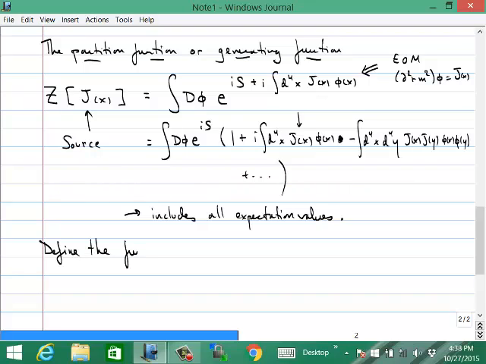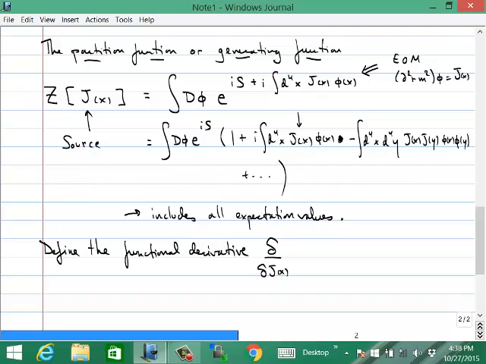The only slightly subtle thing is that J is itself a function. So when I say take the derivative, I really mean take a functional derivative. We can define the functional derivative as follows.